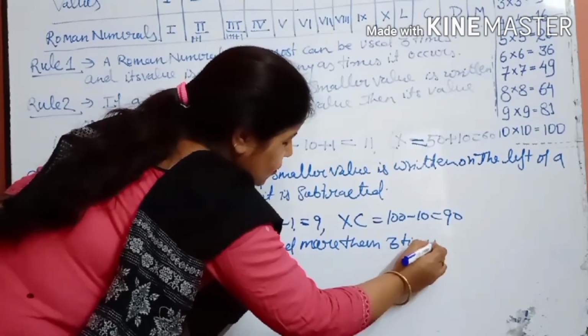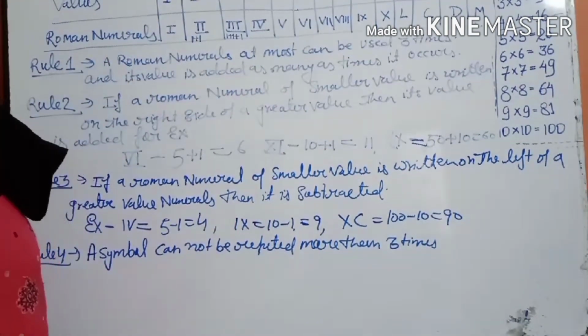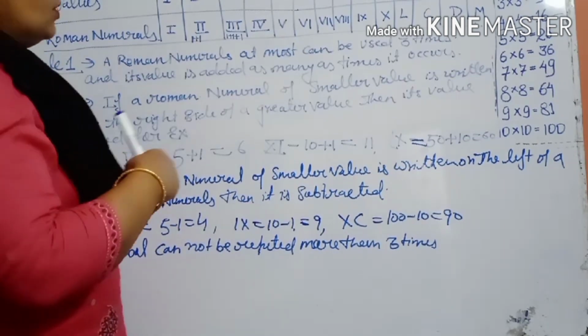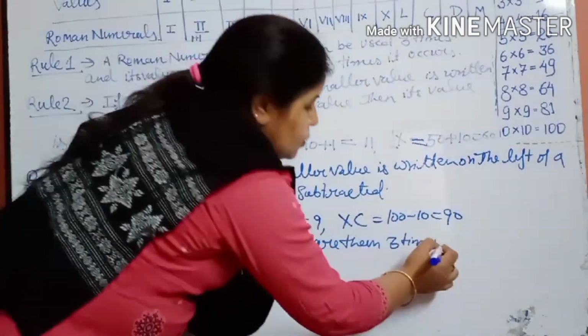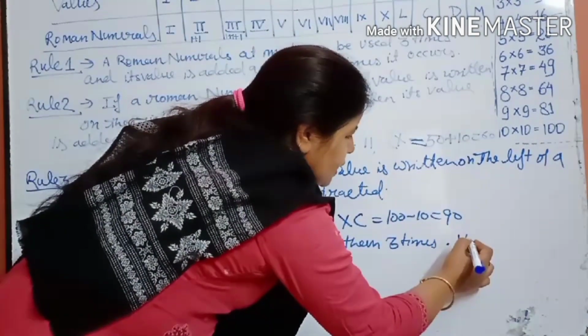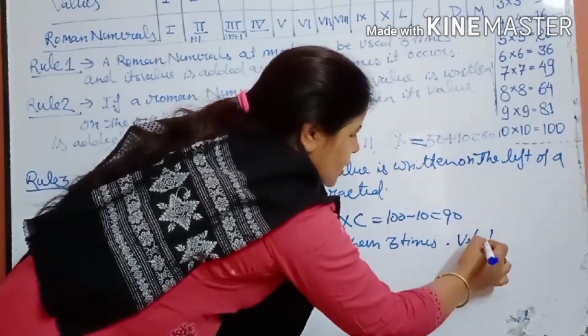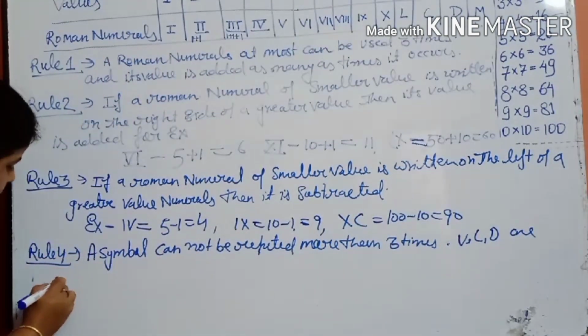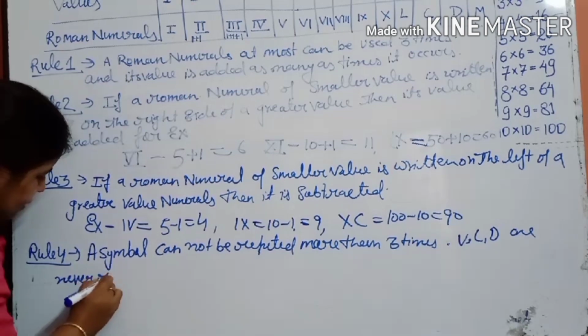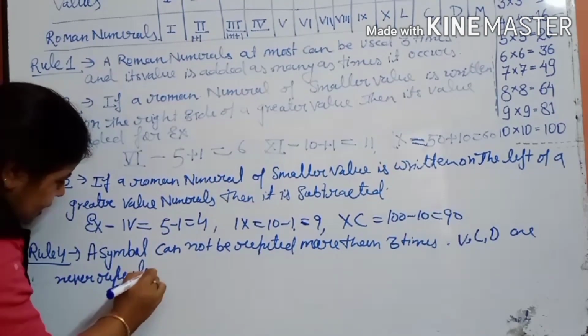Means only the symbol we can repeat, we cannot repeat more than 3 times. And V, L and D are never repeated. They will never be repeated.